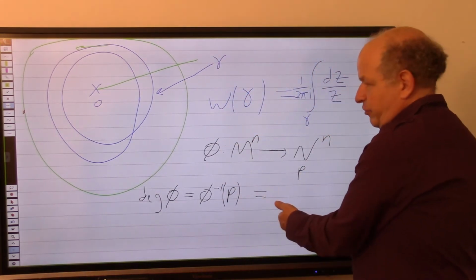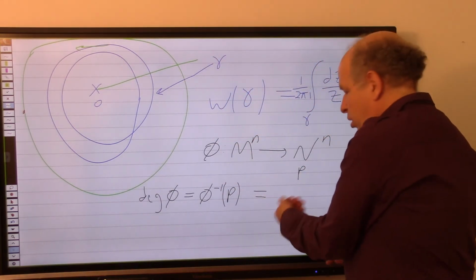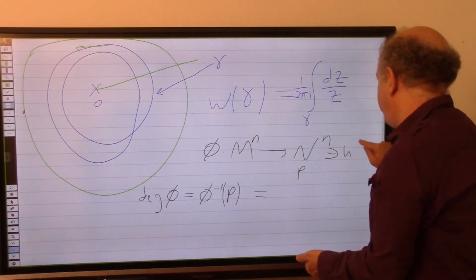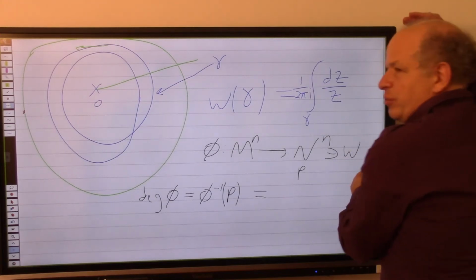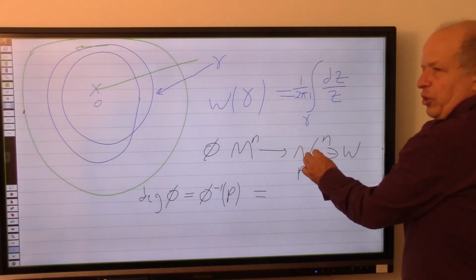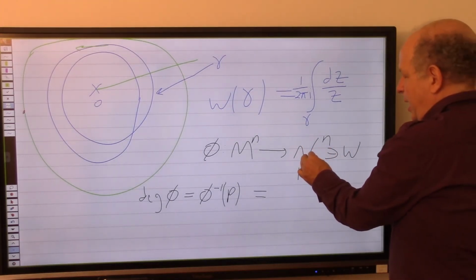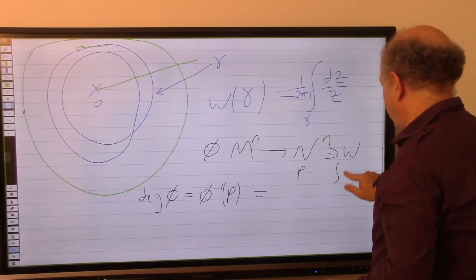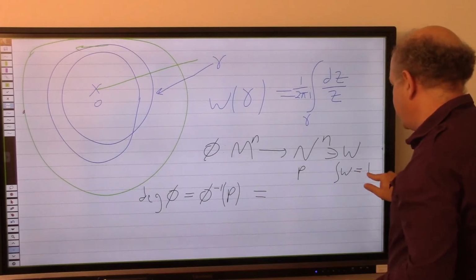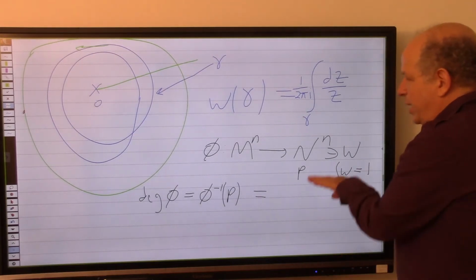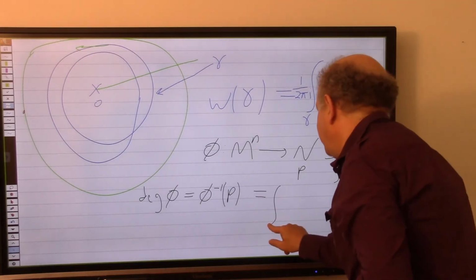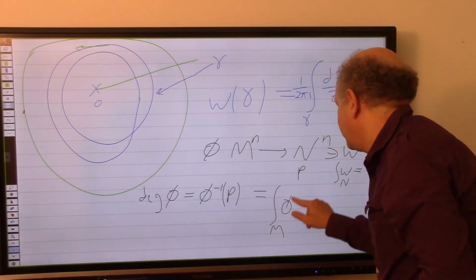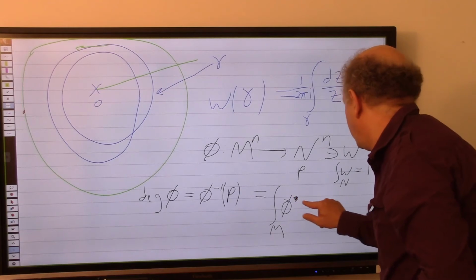And the degree of the map phi can also be computed as follows. You choose a volume form omega, a top degree form on N, whose overall integral is 1, so that the integral of omega on N is equal to 1, and then you compute the integral over M of the pullback via phi of omega.